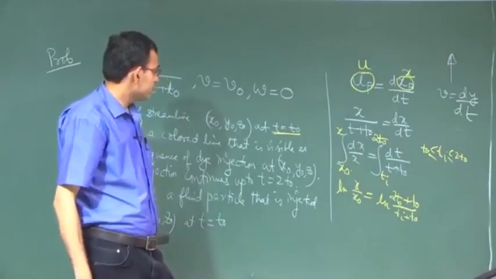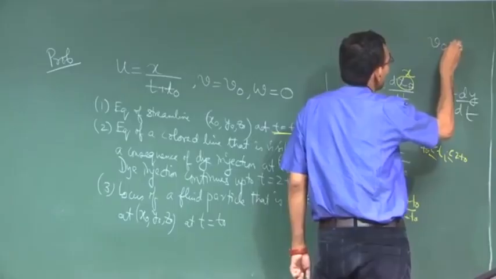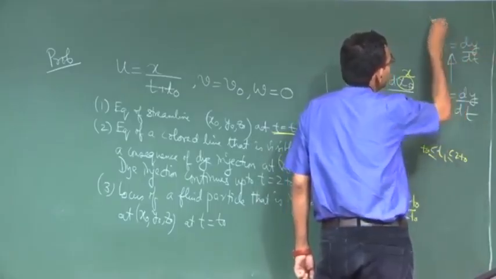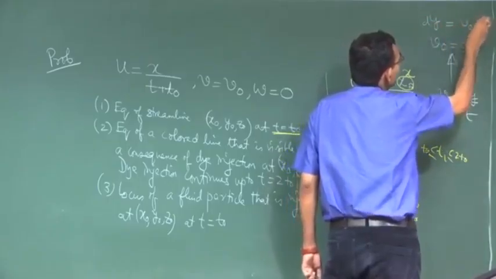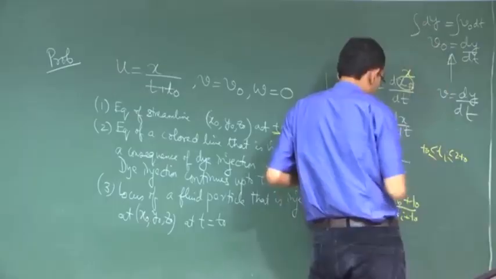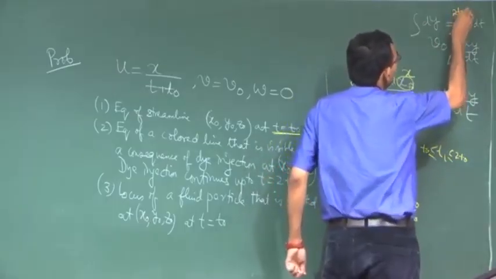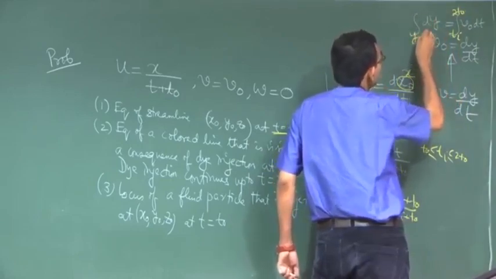So v0 is equal to dy dt. So if you integrate it, dy is v0 dt. So integrate again, the limits are ti to 2t0 and y is equal to y0 to y.